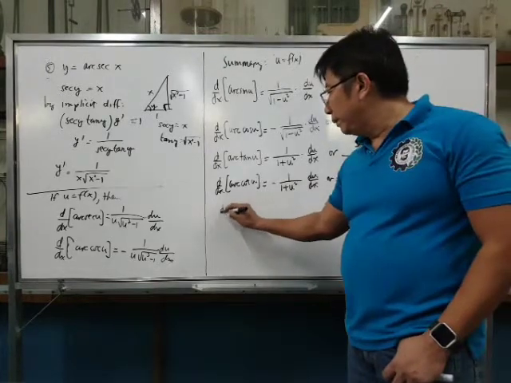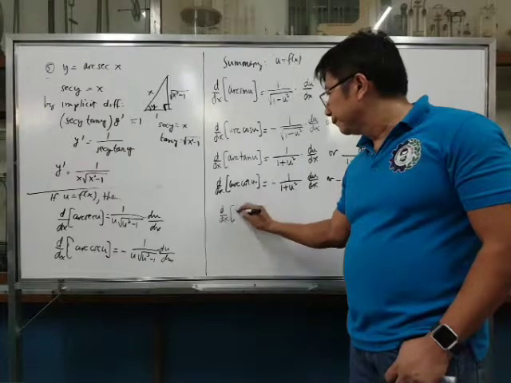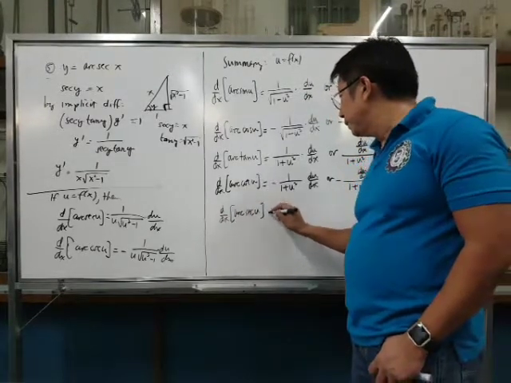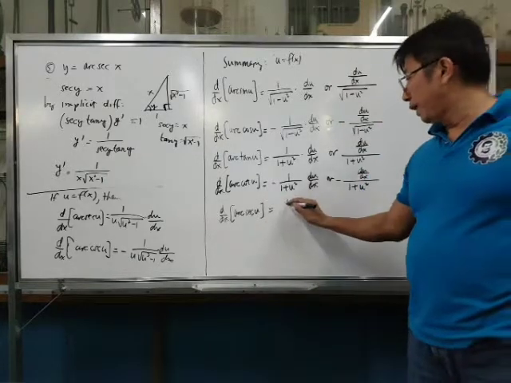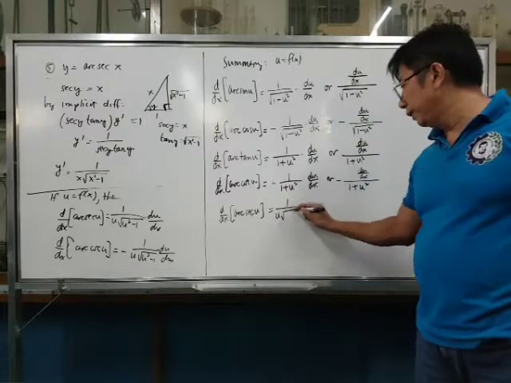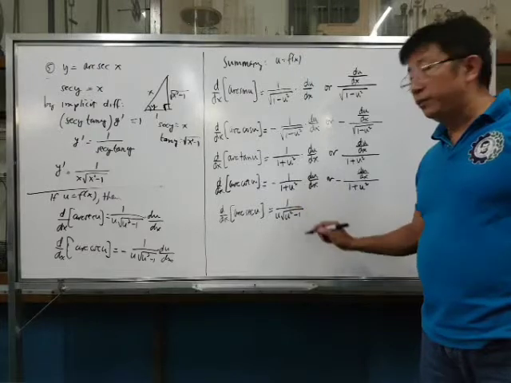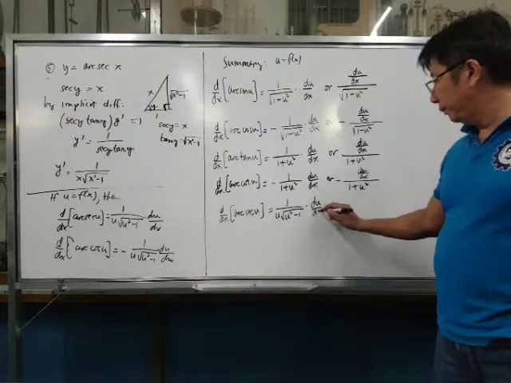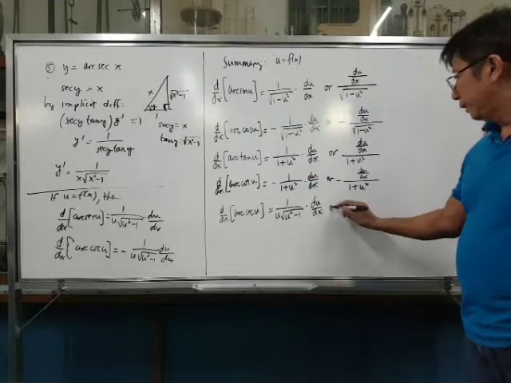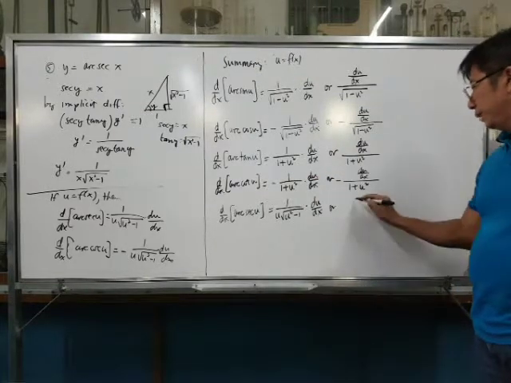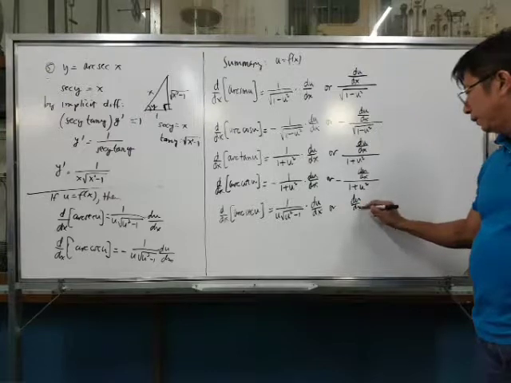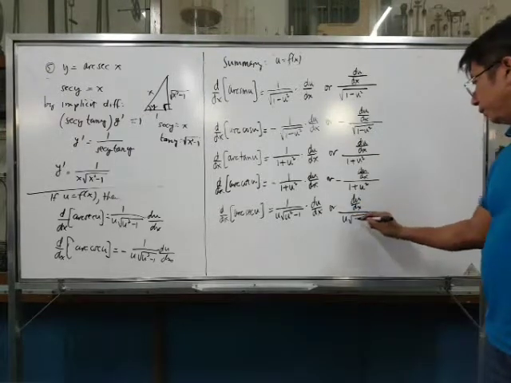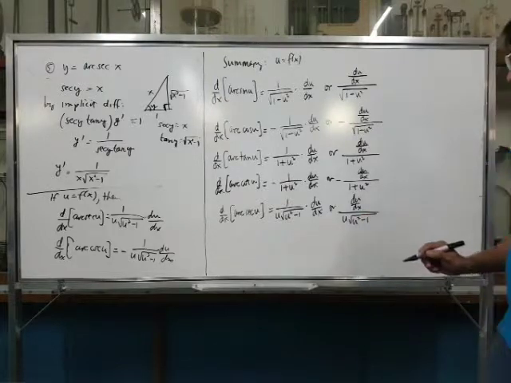Now, the derivative of arc secant u is equal to 1 over u square root of u squared minus 1 times du dx. And again, you can put du dx in the numerator.